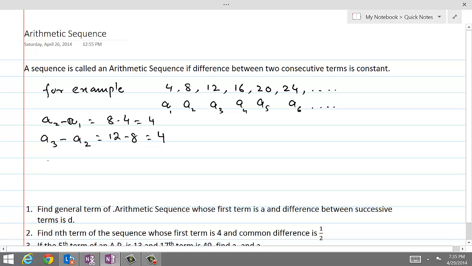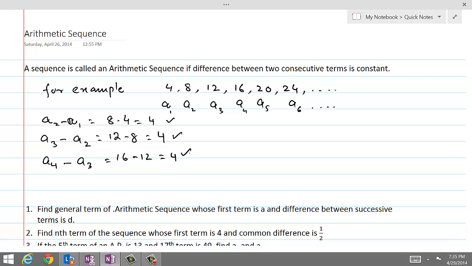Similarly, if we take A4 minus A3, this difference is going to be 16 minus 12. This is 4 again. So the difference between two consecutive terms is always going to be the same. Such a sequence is called an arithmetic sequence, or an arithmetic progression.